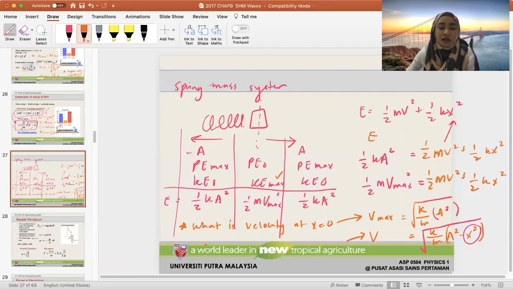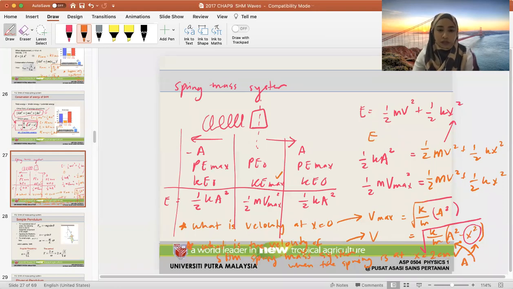Okay, so let's say I ask, what is the velocity of a SHM spring mass system when the spring is at x equals to 2 centimeter, and then they will provide you the amplitude, ataupun they show you the diagram that shows the amplitude. So now you have your x, put that inside your equation, you will know your amplitude, put that into your equation.